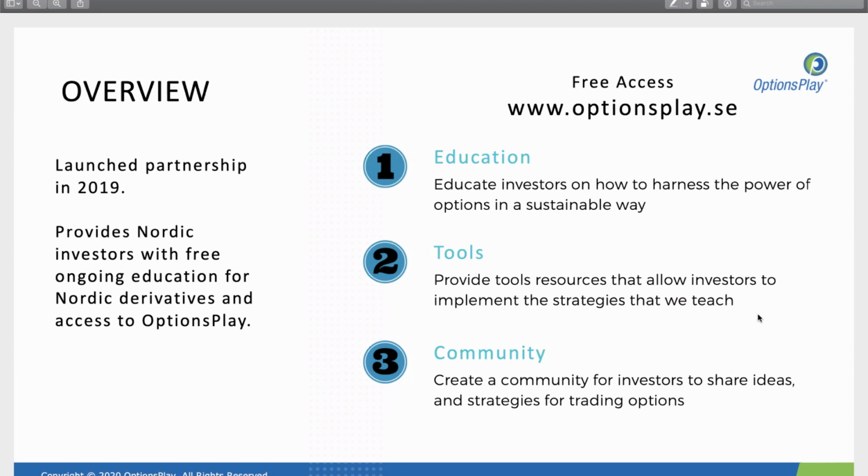The tools that I'll be showing you here today are also all available to you free of charge so that you can look at risk to rewards and technical analysis of strategies and make sure you fully understand what you're trading before you go ahead and execute them. And lastly, a community of traders so that you can share ideas and get some understanding as far as these types of strategies and talk to other investors here in the Nordics.